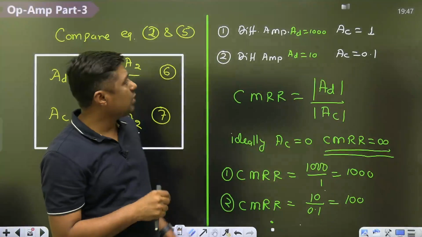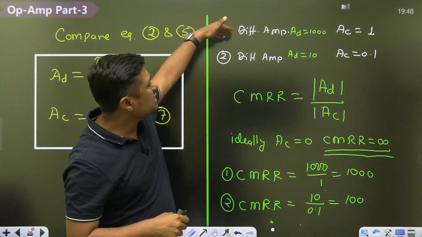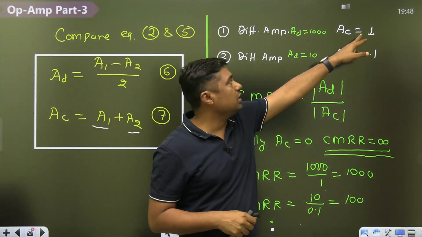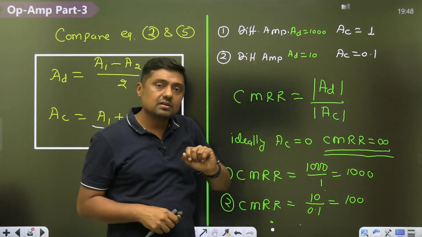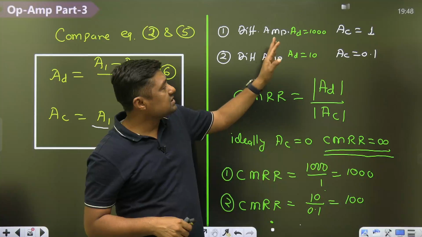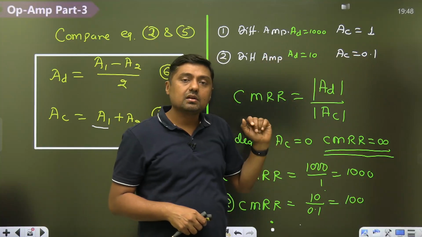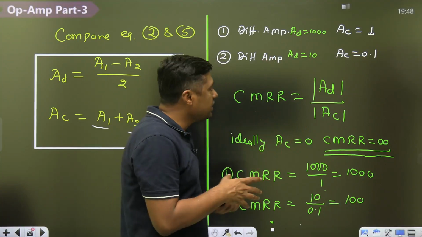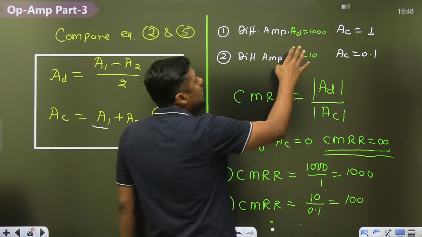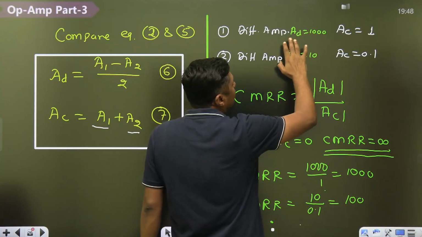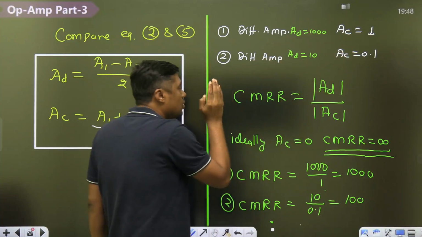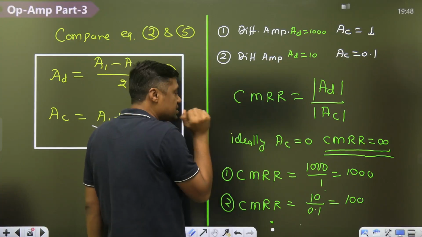So watch this one. For the first differential amplifier, no doubt AC is 1, but what is the AD? 1000. For the second differential amplifier, no doubt AC is 0.1, but what is the AD? Very small, 10. Then guys, what is the important term? The ratio of these two. When we take the ratio AD by AC, that is called common mode rejection ratio.